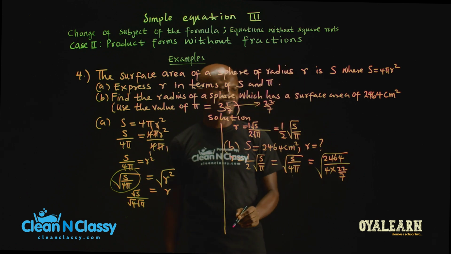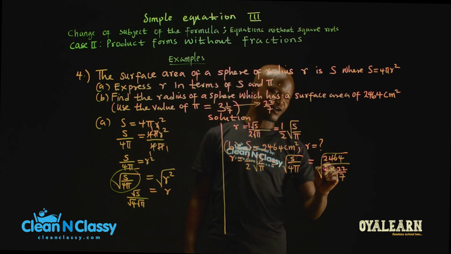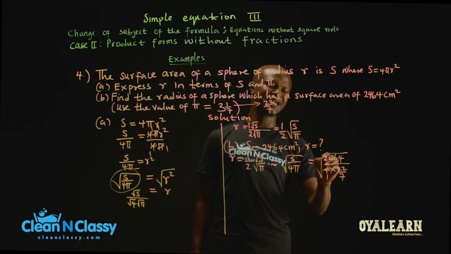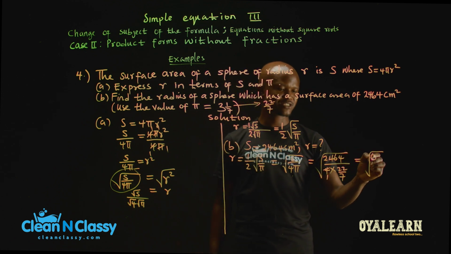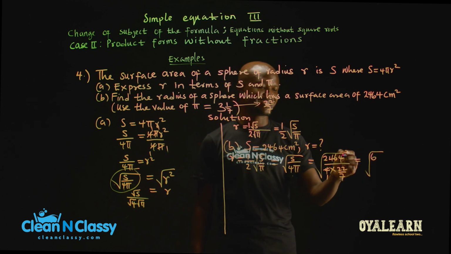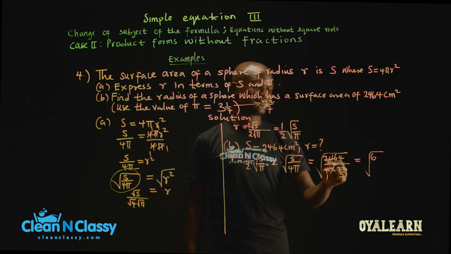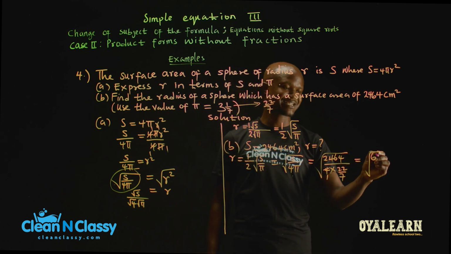Then I can now simplify this. Simplifying, 4 here 1, then 4 in 24, what will I have? 4 in 24, I will have 6. Then 4 in 64, rather, 4 divided into 64, what will I have? 16.